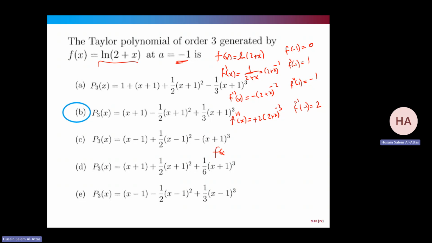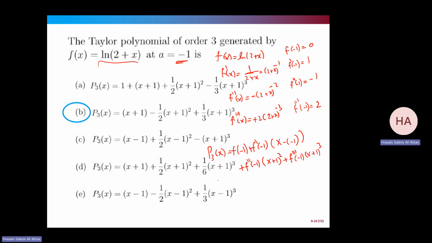F of x will be f of minus 1 plus f prime at minus 1 times x minus minus 1, plus f double prime at minus 1 times x plus 1 squared, plus the third. I need the Taylor polynomial of order 3, so I need P3 at x. The third derivative at minus 1 times x plus 1 cubed.